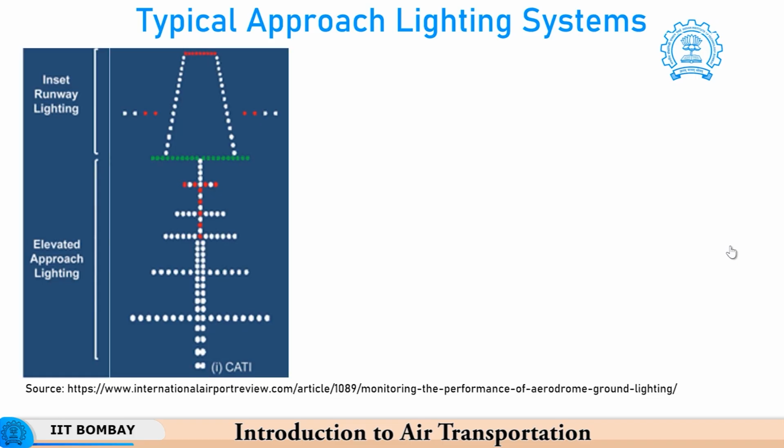So, for category 1, here is a picture of a simple approach lighting system. There are two components here. There are some components which are on the runway, and some which are elevated in the approach path.